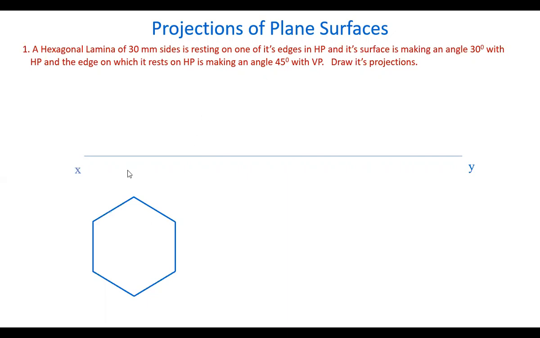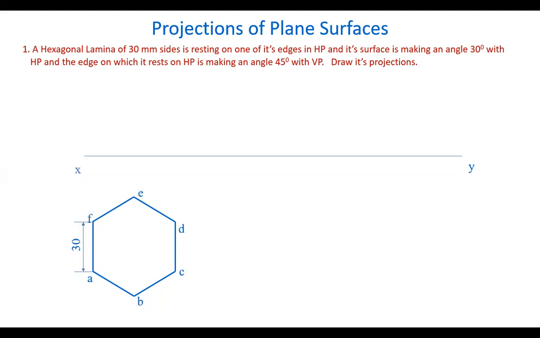Next, whether you take the edge perpendicular to VP or parallel to VP, that's the next question. Here, one of its edges is in the horizontal plane. To get an edge in the horizontal plane, take the edge perpendicular to VP. So that is another condition. In this position, we draw the hexagon.